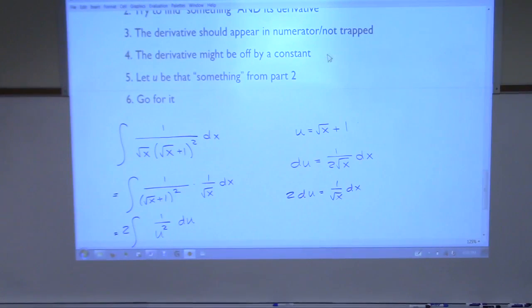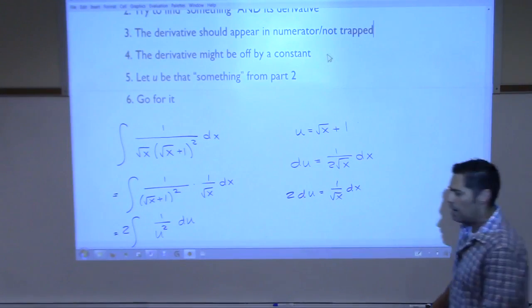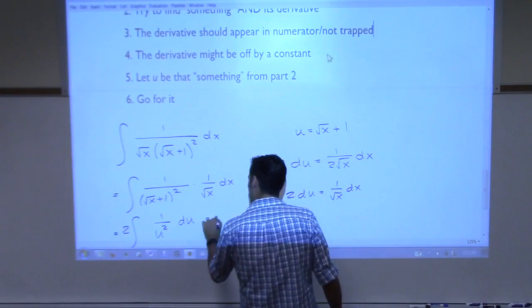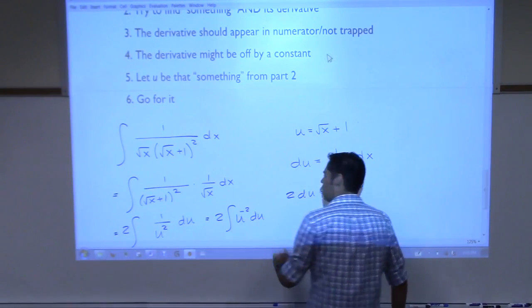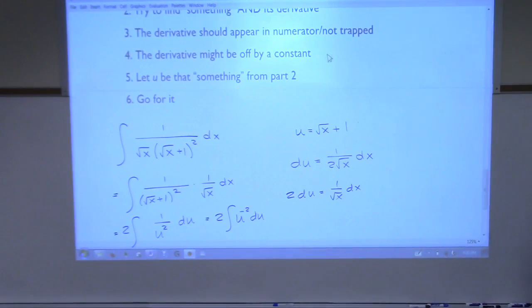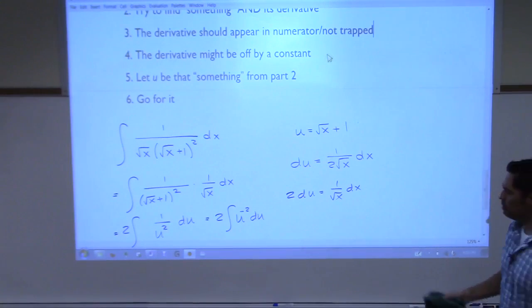We get another power rule. You rewrite that as 2 integral u to the negative 2. And that's power rule, n is negative 2. So you just do your little power rule: 1 over n plus 1, u to the n plus 1.